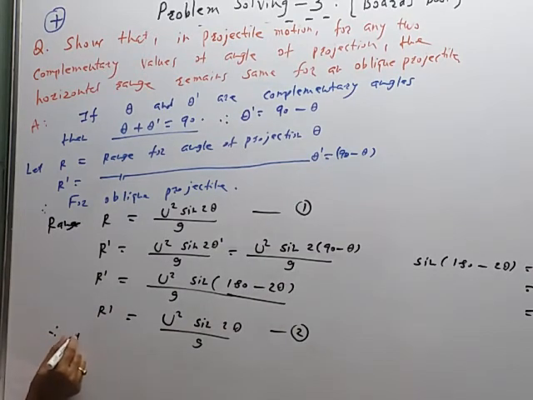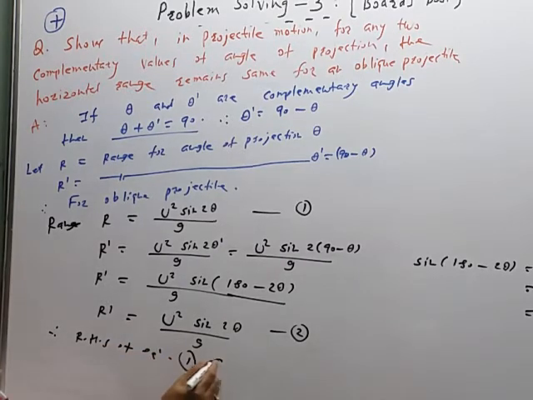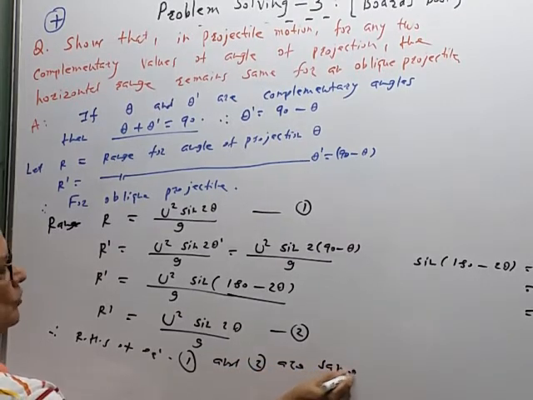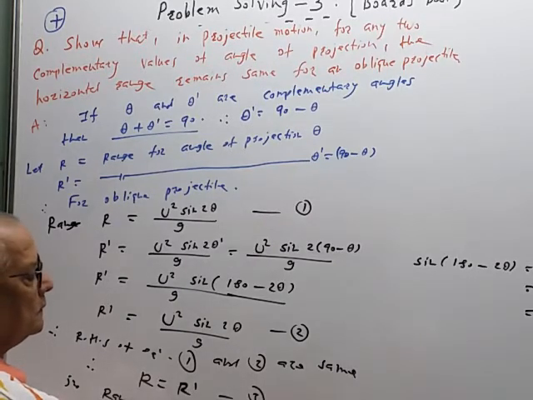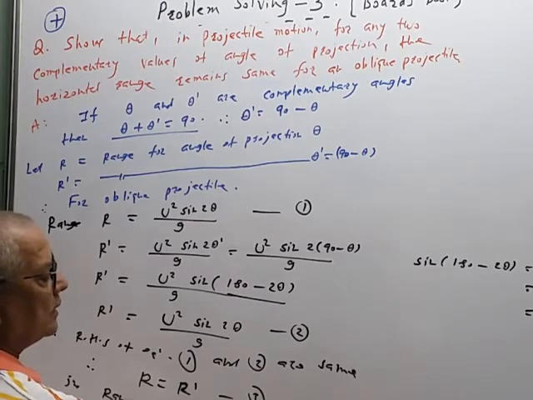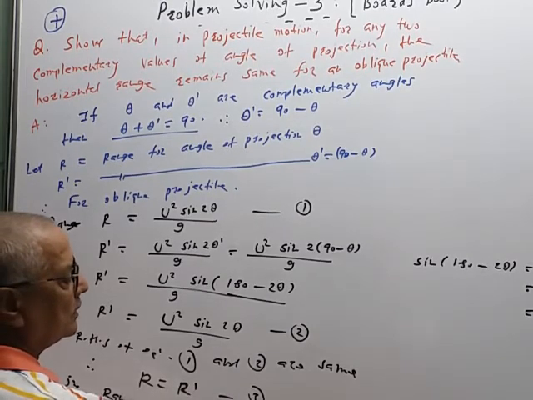Therefore the RHS of equations 1 and 2 are the same. Therefore R is equal to R dash. This is equation 3. That is, range remains the same for theta and theta dash equal to 90 minus theta.